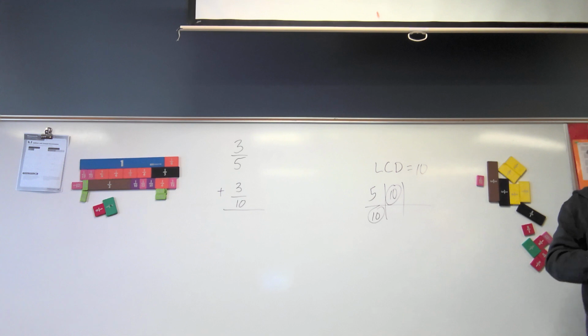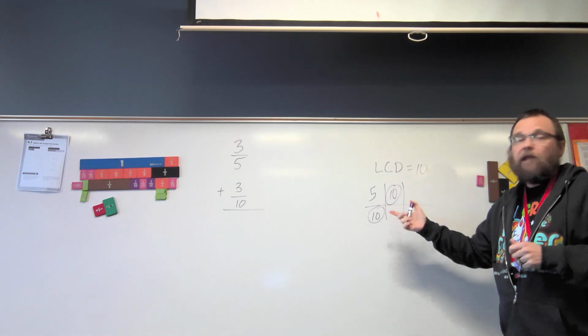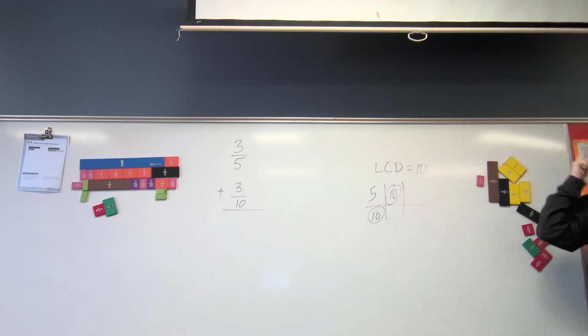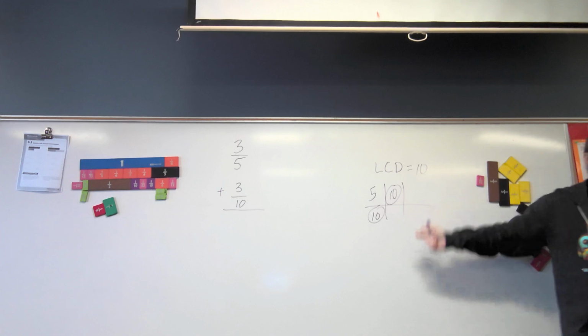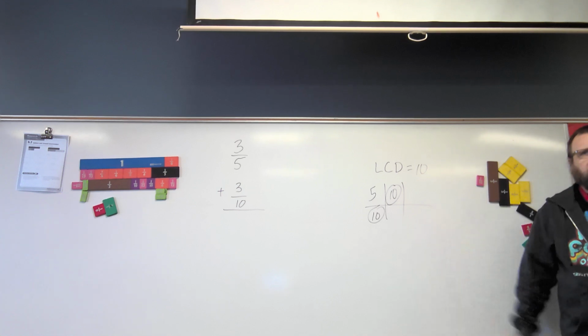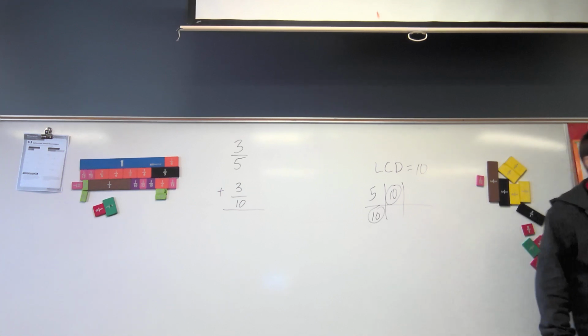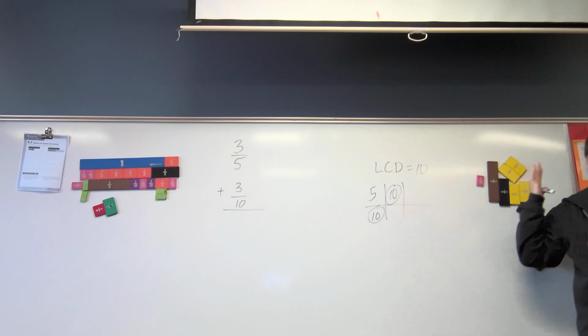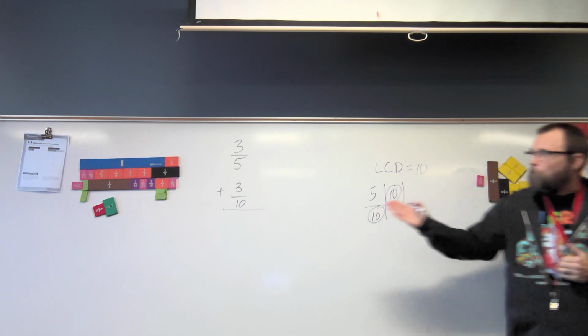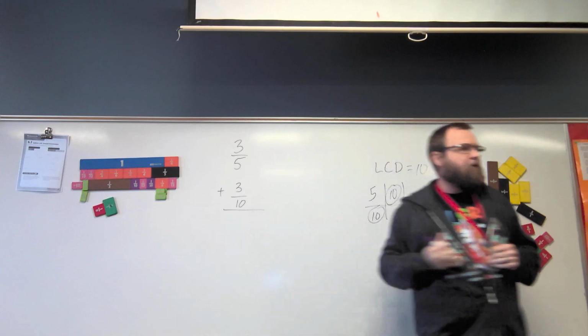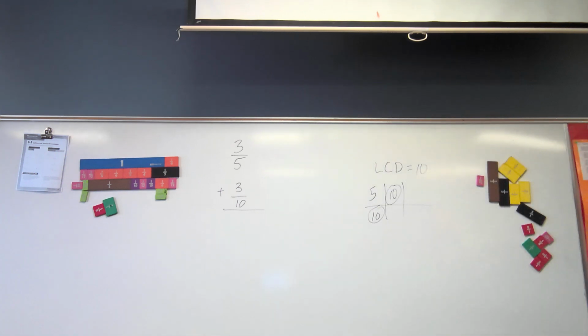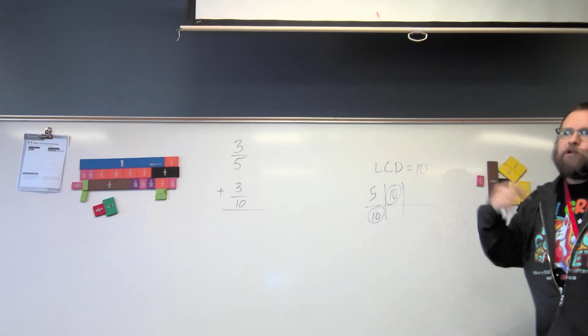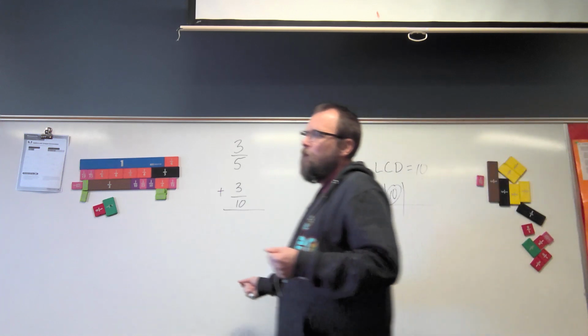5, 10, 15, 20, 10, 20, 30, 40. I mean, they have other multiples in common. They have 20 in common. They have 30 in common. They have 40 in common. But the bigger your denominator is, I mean, I could multiply 10 times 5 and have 50 in common. But the bigger your denominator is, the more work you're going to have to do on the simplifying process.